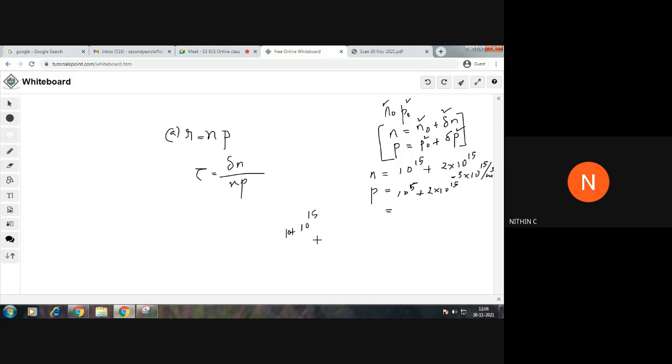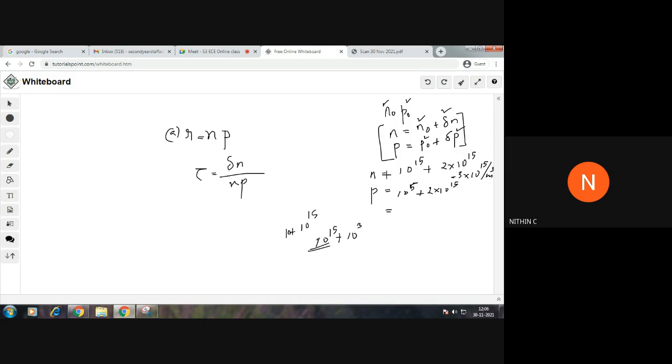Adding 10 raised to 3 to 10 raised to 15, you just take it as 10 raised to 15 itself, because it is a very small value when compared to 10 raised to 15. You can ignore that. Understood?